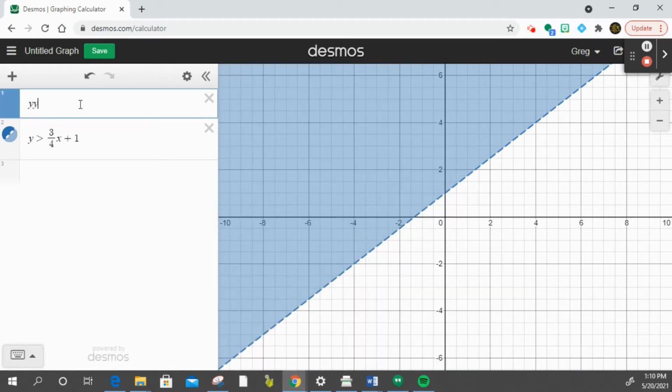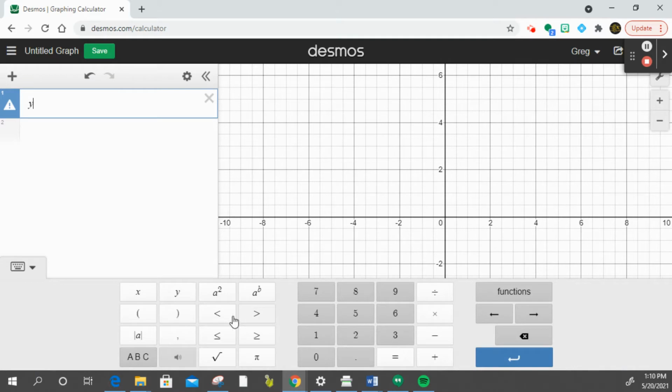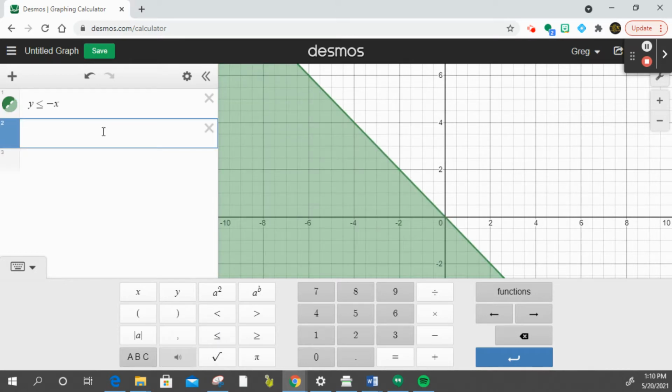We have y. So let's just clear these guys out and do the second part. Y is less than or equal to negative x. They use green this time. That's nice, fancy.